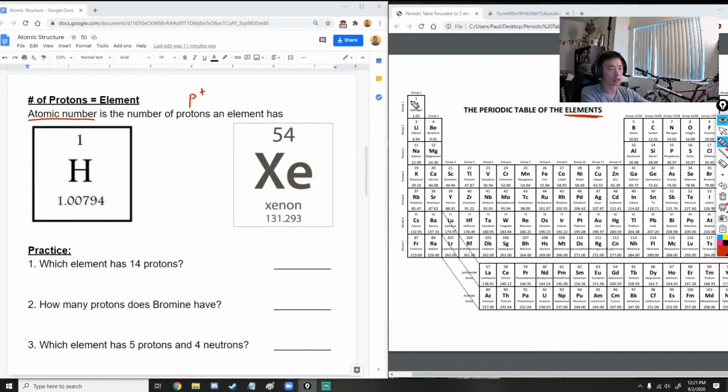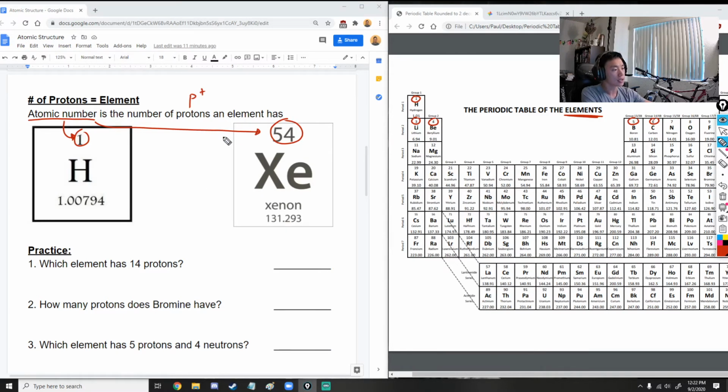If you notice in these boxes, there are numbers at the top of every single box. This number is called the atomic number. So this number 1 above H is the atomic number. This number 54 above xenon, Xe, is the atomic number.